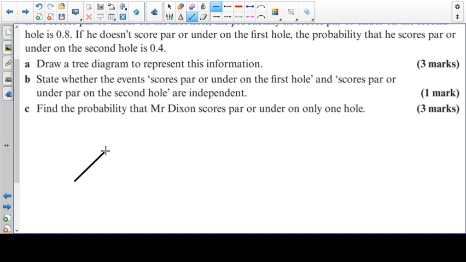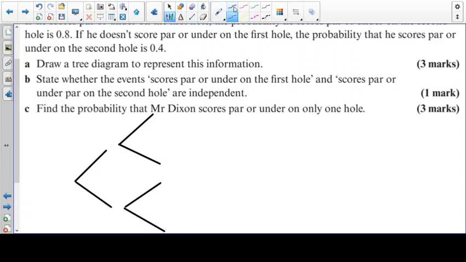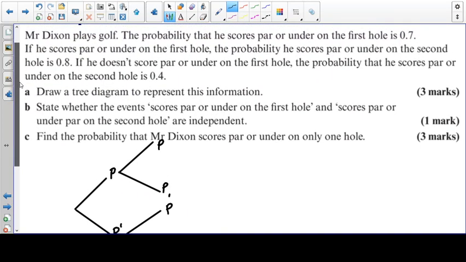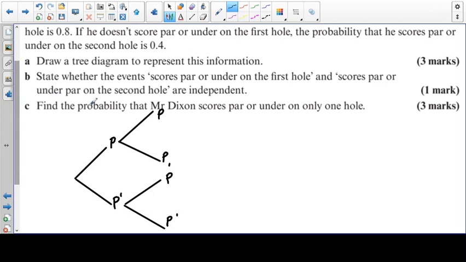So he's either going to score par or not on the first go, and then he's either going to score par or under or not on the second go. So I'll call it P, not P, P, not P, P, not P. Suppose he scores par or under on the first hole is 0.7.